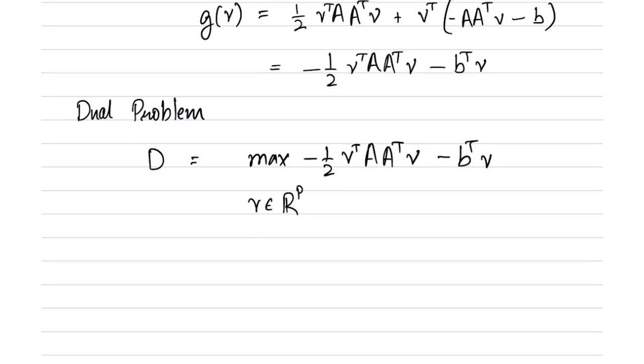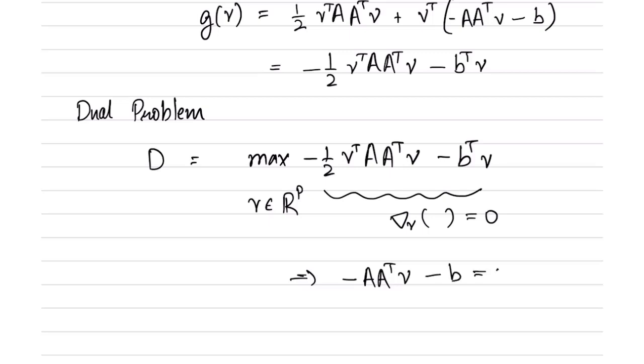In this case, actually you can directly solve the dual problem. It is also quadratic, and it's a maximization problem, and A A transpose is PSD, so the function is concave. So we can solve it by again taking the derivative with respect to nu and setting it equal to 0, which gives minus A A transpose nu minus b equal to 0, or nu equal to minus (A A transpose) inverse b.